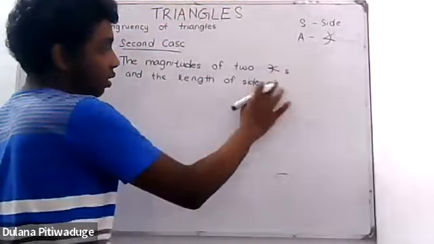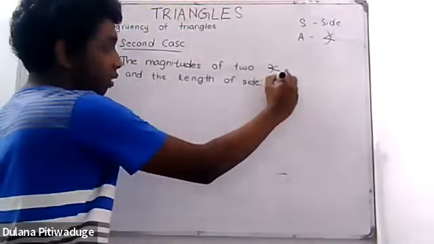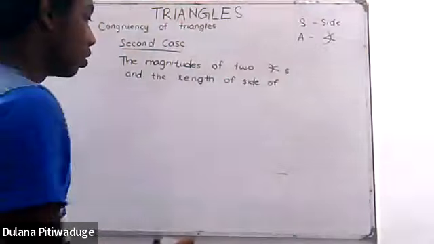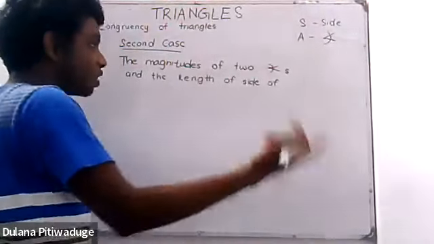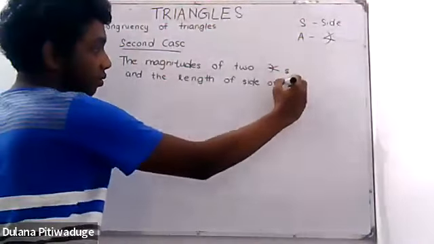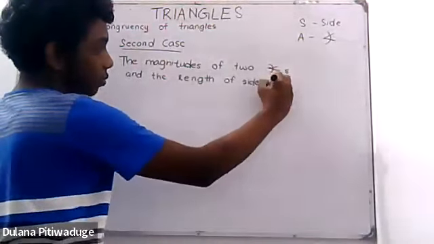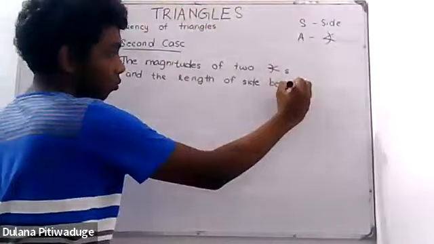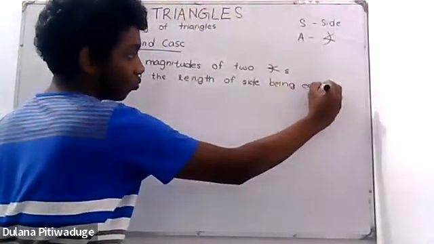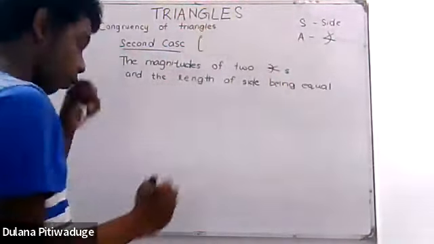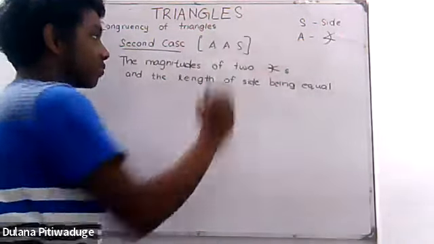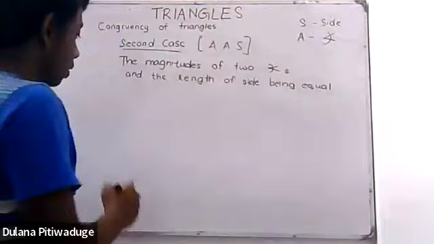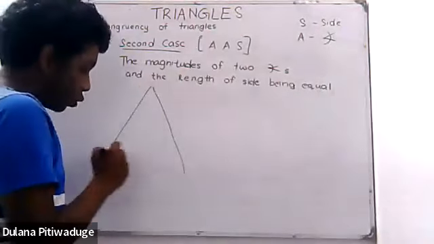The length of a side of the triangle being equal to the corresponding side of the other triangle, along with two angles. It's short for AAS, angle angle side.